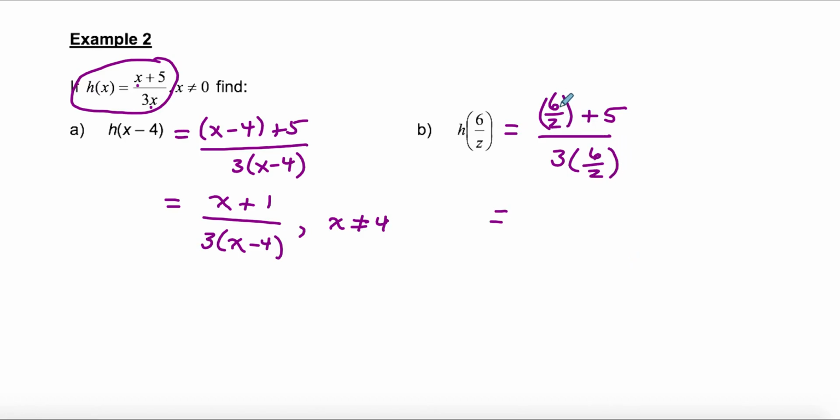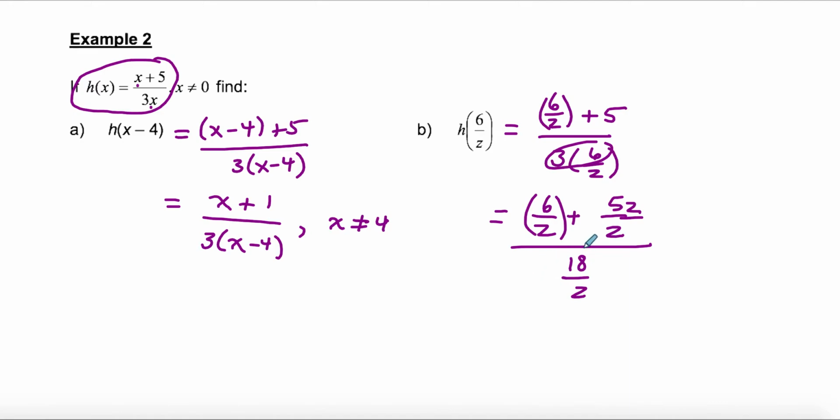Then in order to add 6 over z plus 5, we'd have to have a common denominator. So 6 over z plus, if I want 5 to be over z, I'm going to have to multiply the numerator also by z. In the denominator, I can just multiply 3 times 6, which is 18, over z.